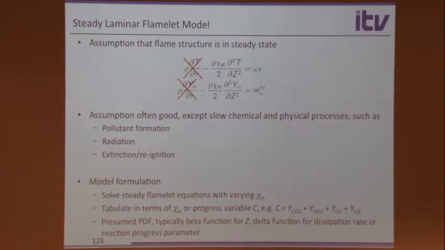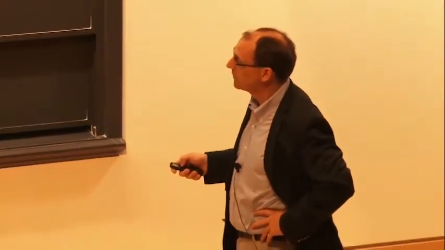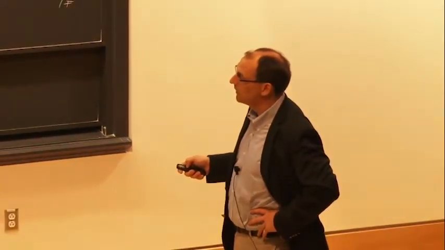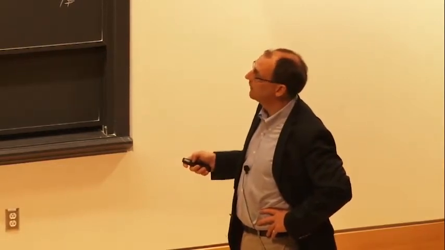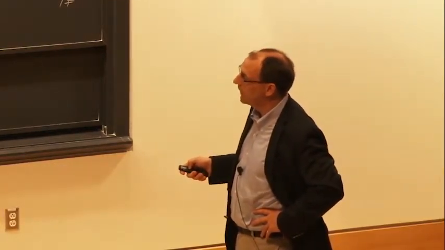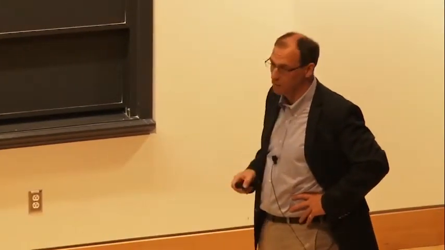Or sometimes we use a different parameter here. Instead of chi-stoichiometric, sometimes we use a reaction progress variable as the third parameter. Then we need to solve an equation for the reaction progress variable in the CFD code, and that has a chemical source term, which we also just have in the library.